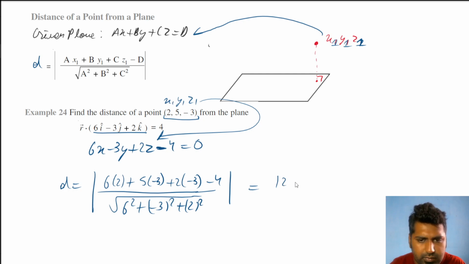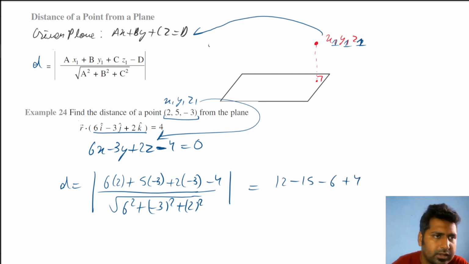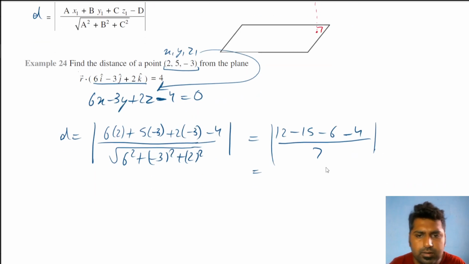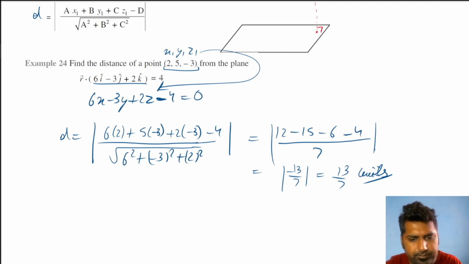So 12 minus 15 minus 6 minus 4, upon 36 plus 9 plus 4, 49, it will become 7. In the mod, that becomes minus 13. So it is coming negative 13 by 7. The mod will make it positive. So the distance is 13 by 7 units.